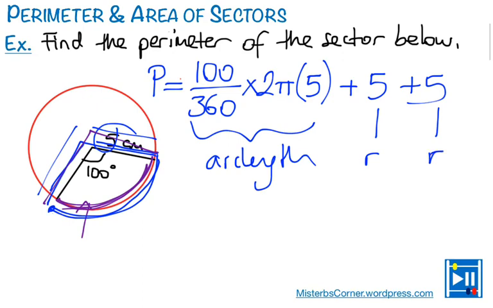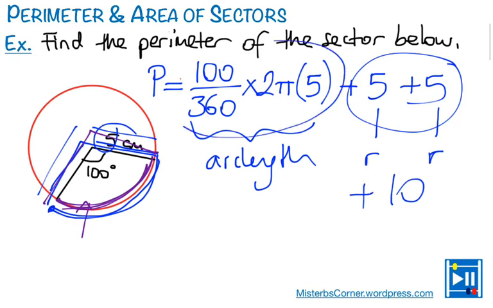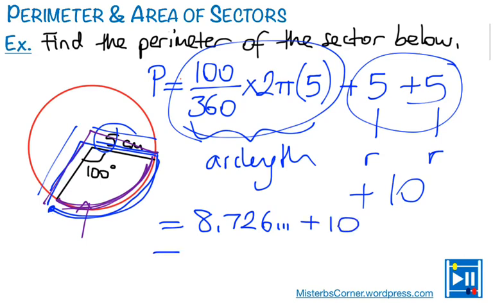Okay? So obviously, this bit is going to be 10, right? So I'm going to add 10 to whatever I find here. So it's going to be 8.726 and so on for the arc length plus 10, which would be 18.726 something.